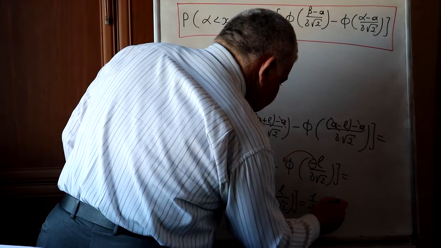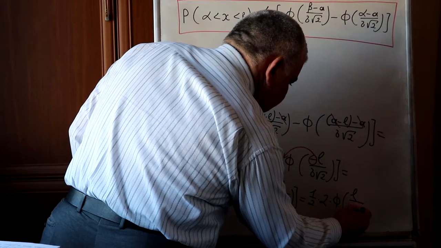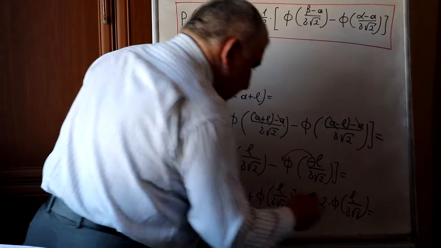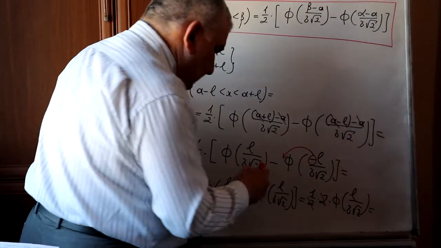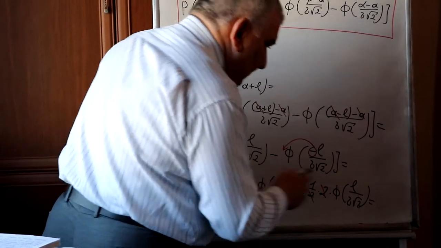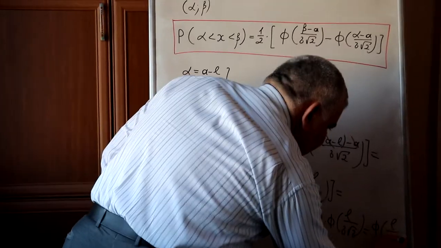Twice phi of L over sigma square root of 2. Here 1 second and 2 are simplified, and finally we will have phi of L over sigma square root of 2.